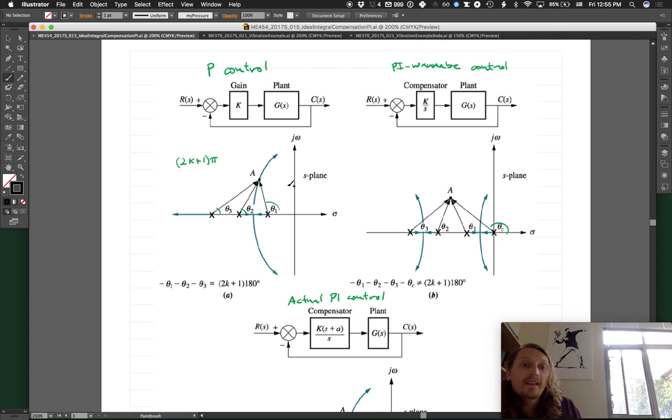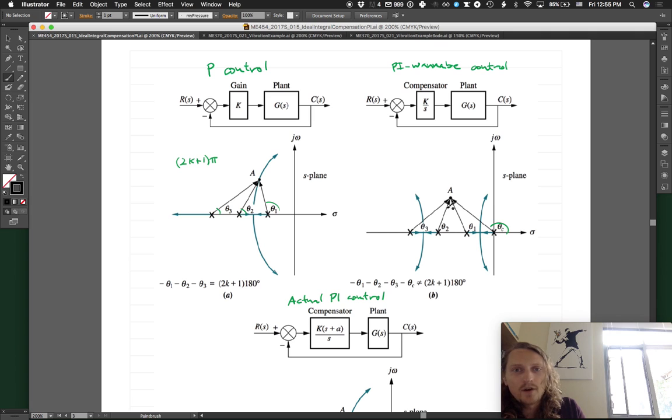Now, if we just pop in another pole here, you're going to add a whole bunch of angle. So therefore, you can no longer have the same root locus, and that's actually what happens in this figure B.